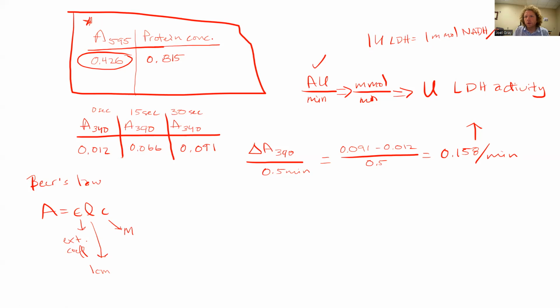Okay, so that's our definition for 1 unit of lactate dehydrogenase activity. Another way you could phrase that is, if you have 200 units of lactate dehydrogenase activity, that means that sample can generate 200 millimole of NADH per minute.